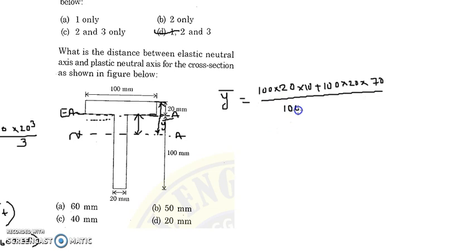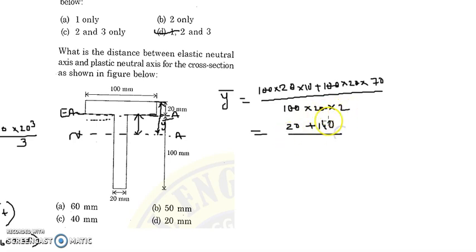Divided by 100 by 20 multiplied by 2. I can cancel out the 100 by 20. So what is left here? 2 into 10, 20, plus 2 into 70, 140.